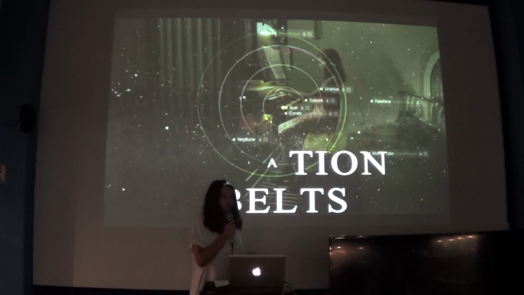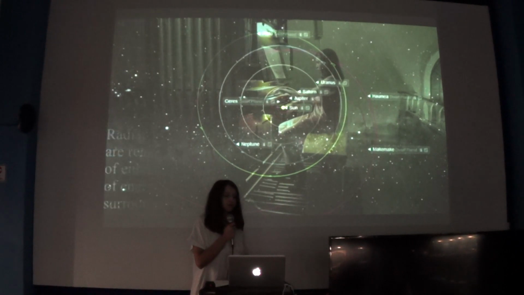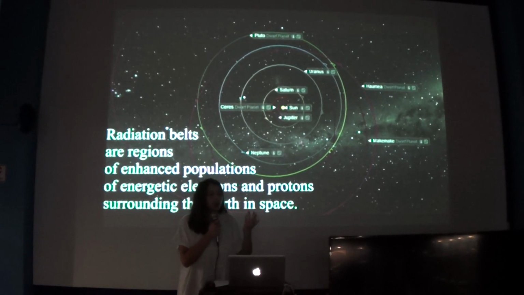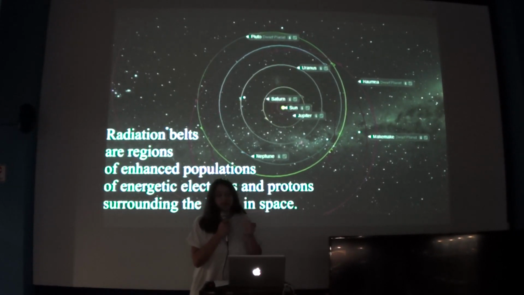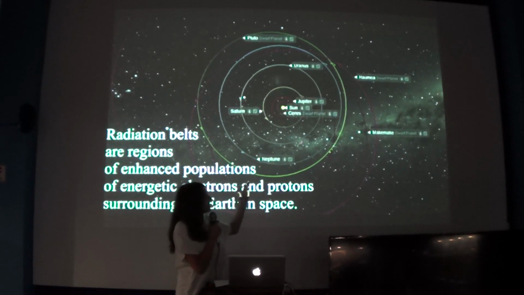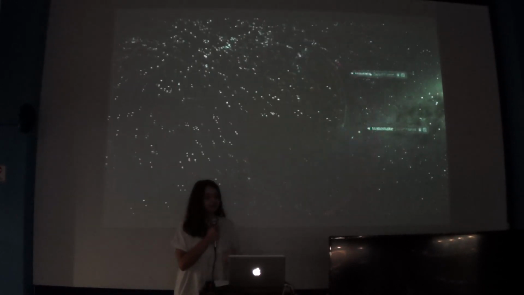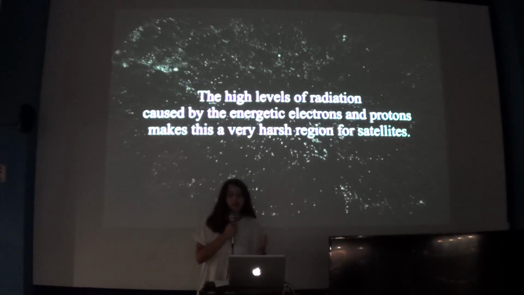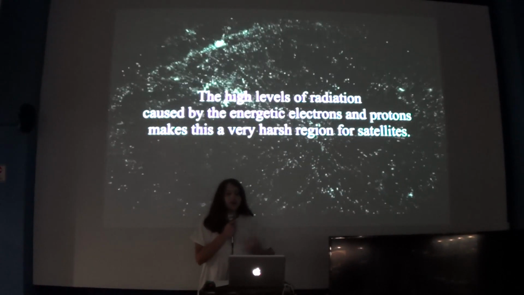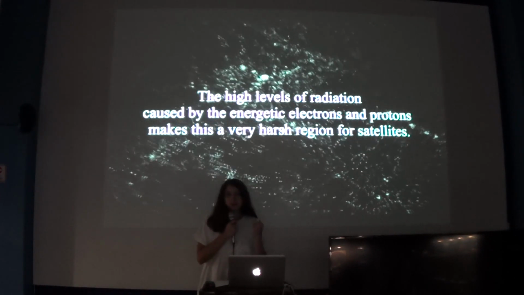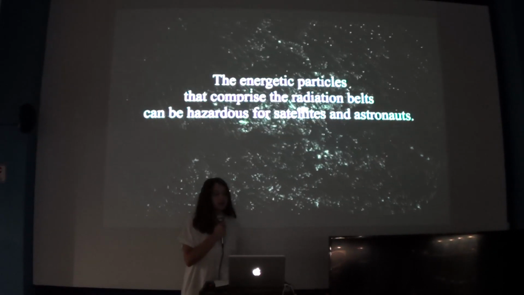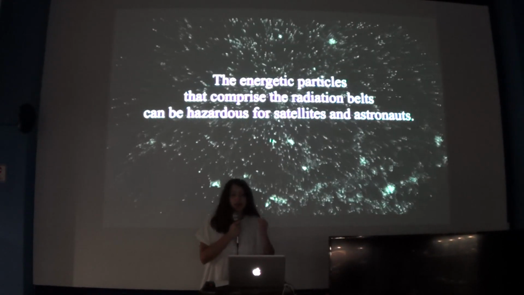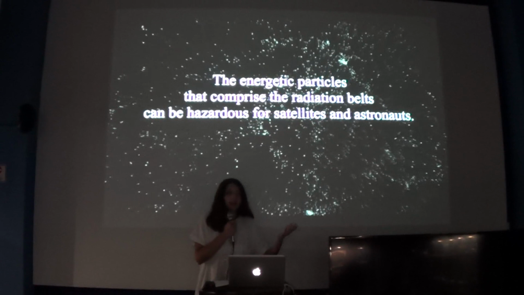Radiation belts. Radiation belts are regions of enhanced populations of energetic electrons and protons. The radiation caused by the energetic electrons and protons makes this a very harsh region for satellites. The energetic particles that comprise the radiation belts can be hazardous for satellites and astronauts.